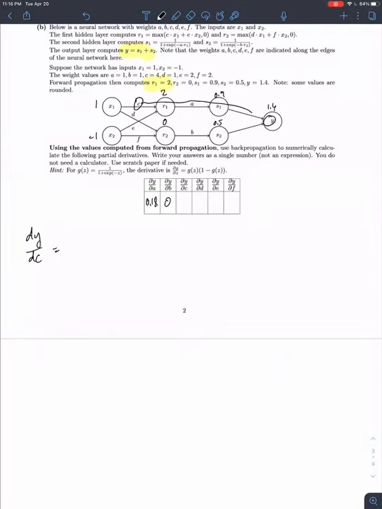Well, y is a function of S1, which is a function of R1, which is a function of C. So it's dy ds1 times ds1 dr1 times dr1 dc.